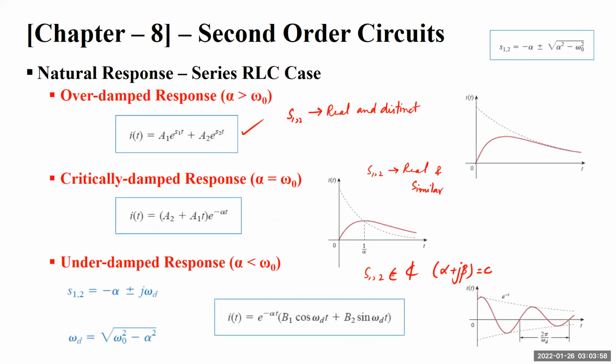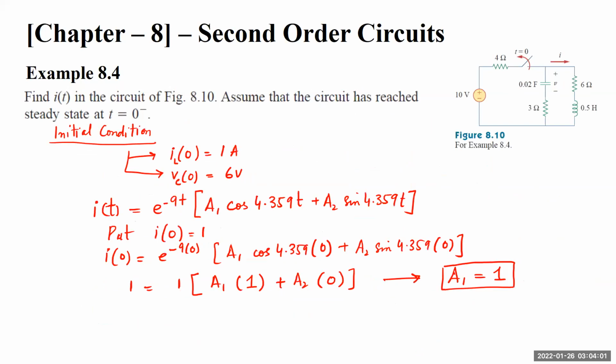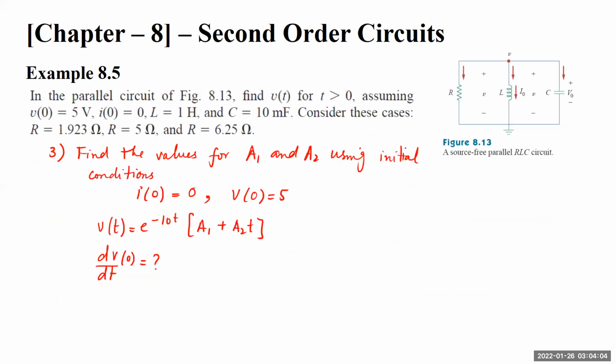We know that dv by dt at time t equals 0 is minus 1 by C, times V0 divided by R, plus I of 0. So this is the equation we get.